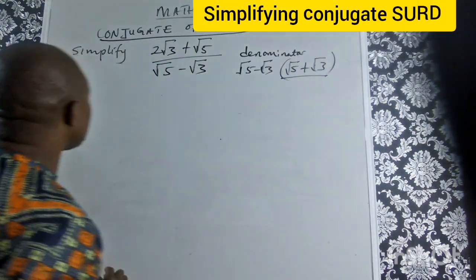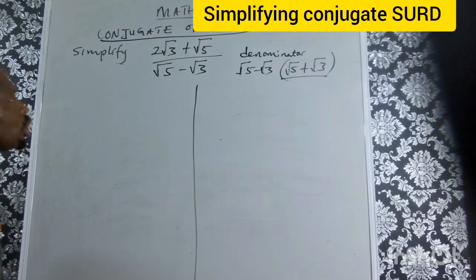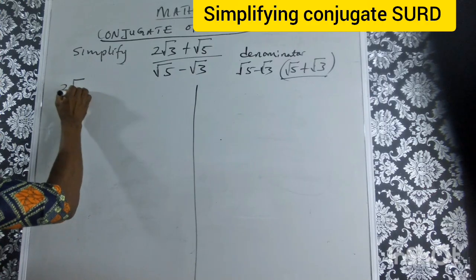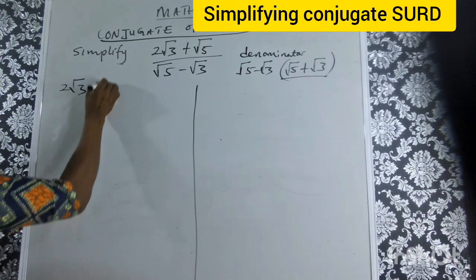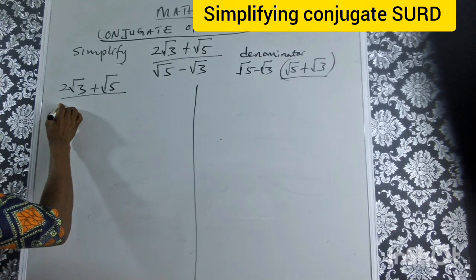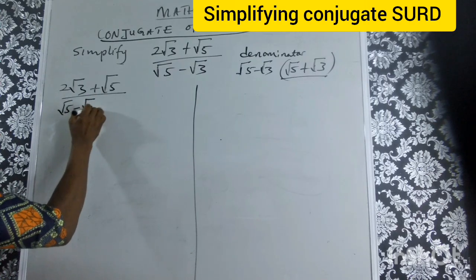Now we go. We can divide the board into 2, where we have 2 root 3 plus square root of 5 all over root 5 minus square root of 3.